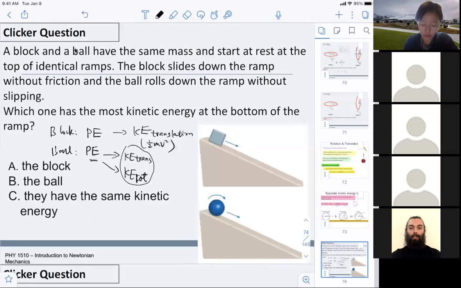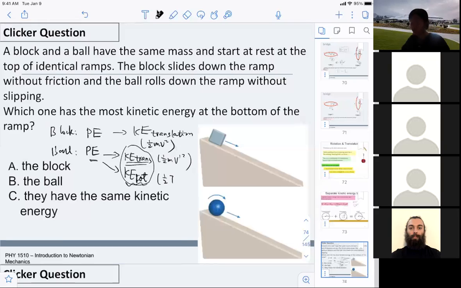If it only goes to the translational motion, then you might wonder, where does the kinetic energy for the rotation come from? It has to come from somewhere, right? The only place for the rotational kinetic energy to come from is also the potential energy. So yes, the ball has 1/2 mv squared as well as 1/2 I omega squared.